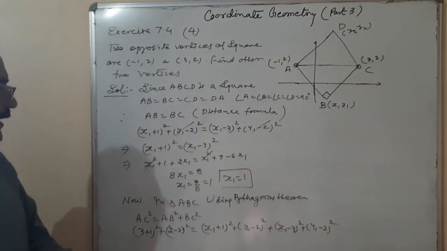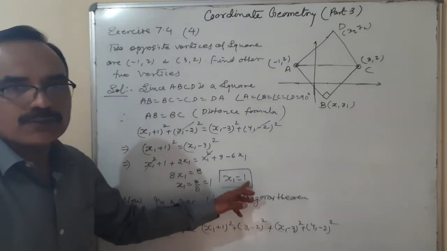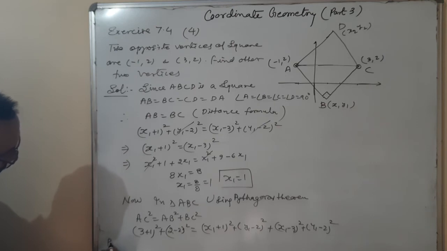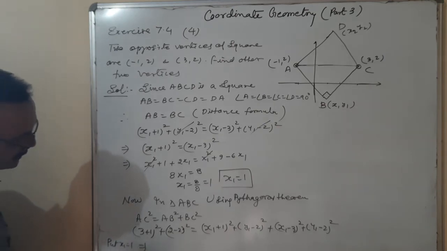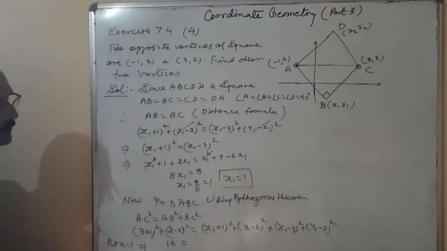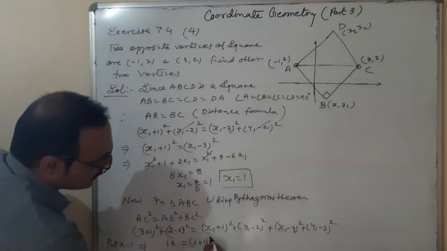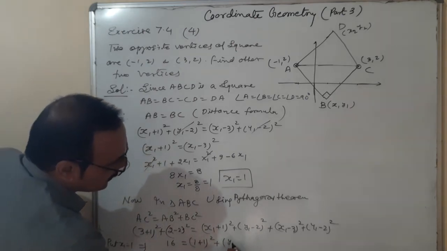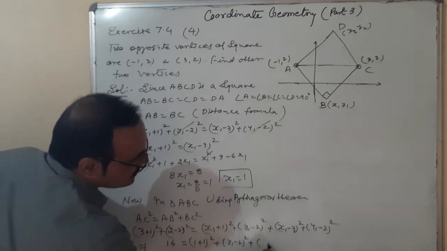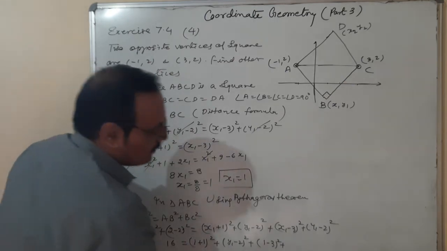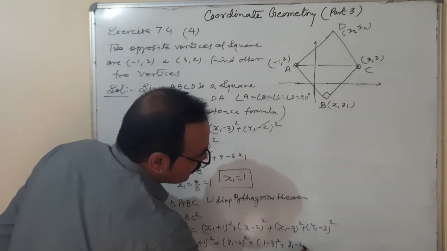Since we have already got the value x1 is equal to 1, wherever there is x1 I can put 1. So 3 plus 1 is 4, 4 fours are 16. 16 is equal to (1 plus 1) whole square plus (y1 minus 2) whole square plus (1 minus 3) whole square plus (y1 minus 2) whole square.